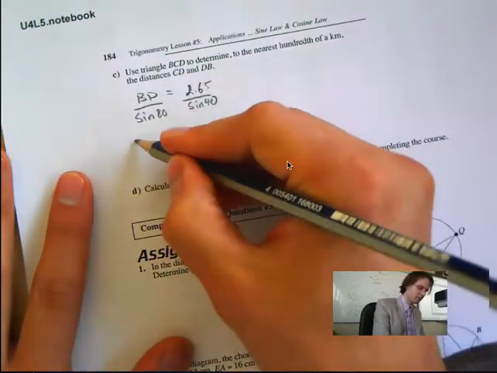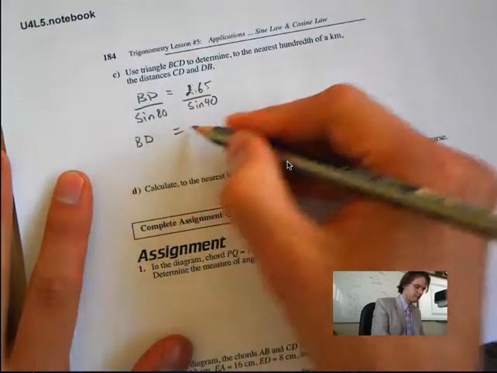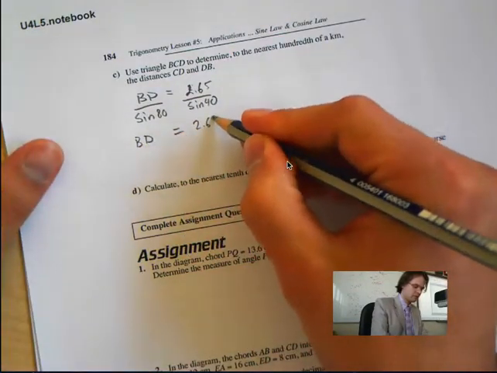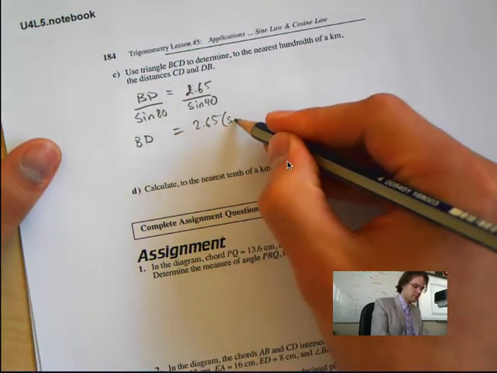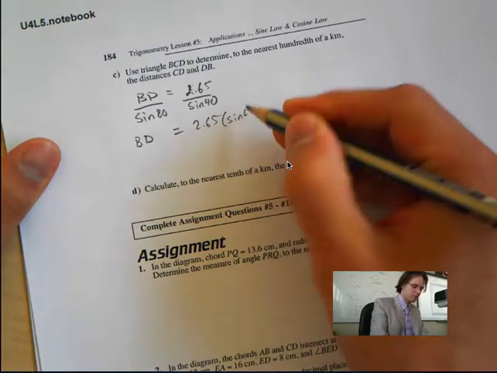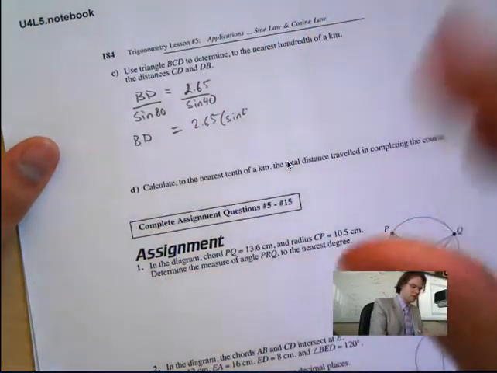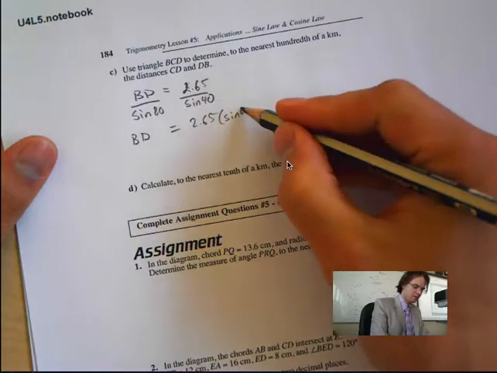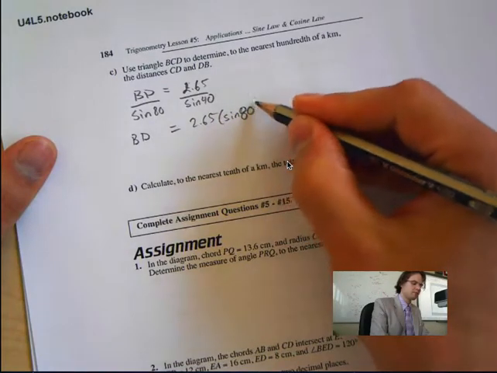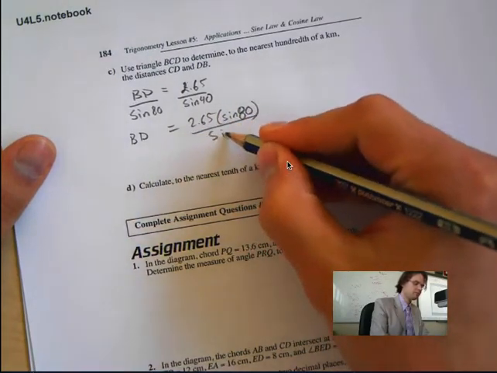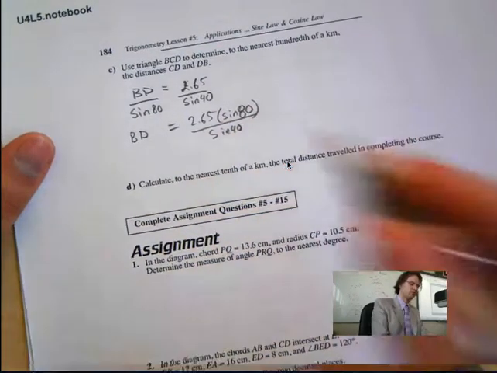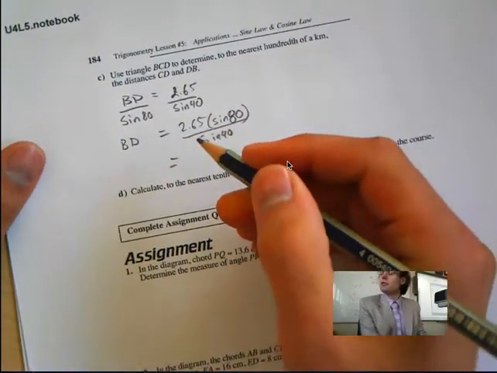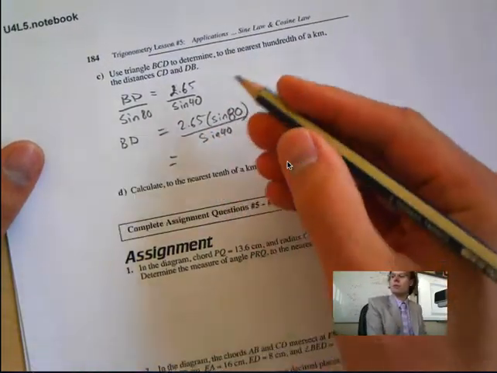So I'm going to end up getting 2.65 multiplied by sine 80, and my answer is going to be 4.06.